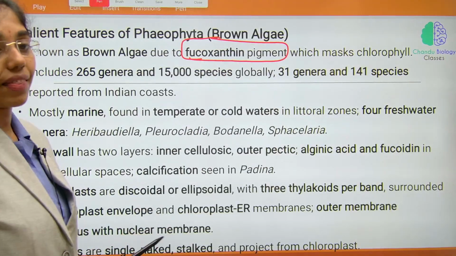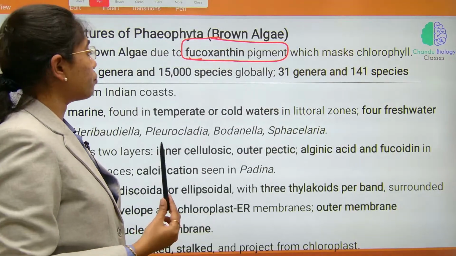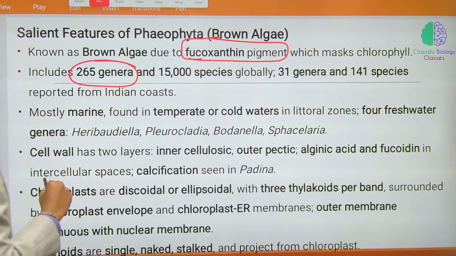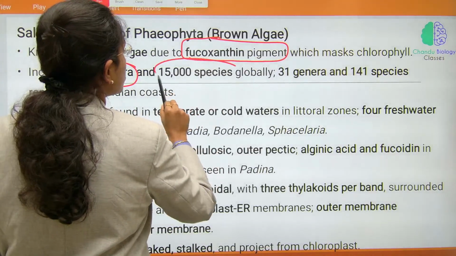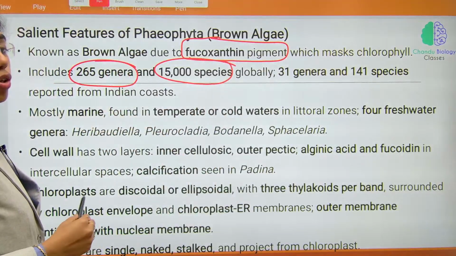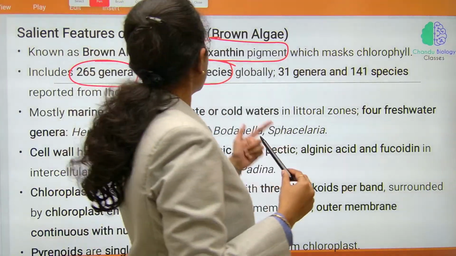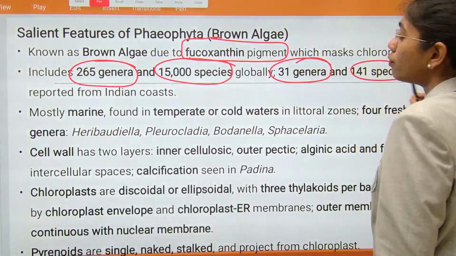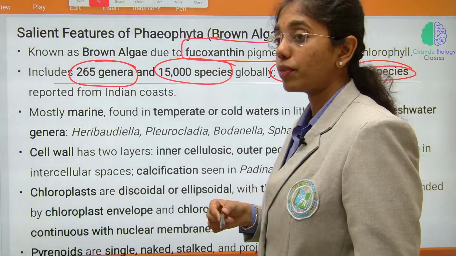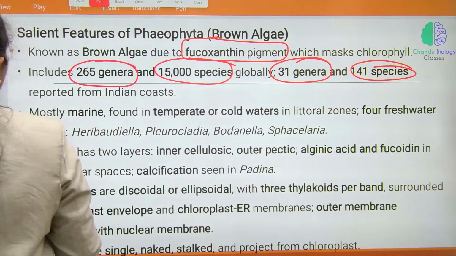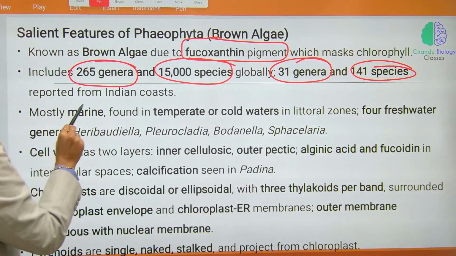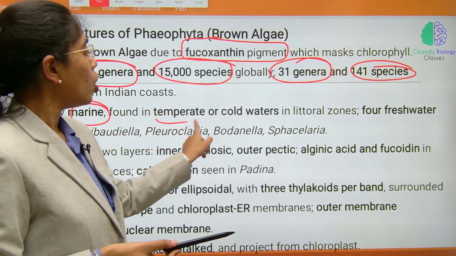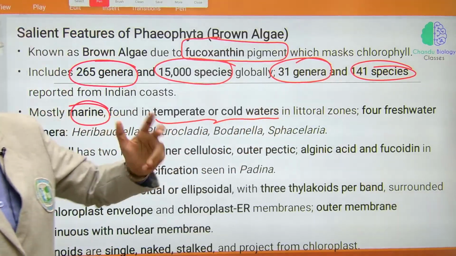There are about 2 genera and 15,000 species globally, with 31 genera and 141 species reported from the Indian coasts. Mostly the brown algae are marine. They are found in temperate and cold water regions in the lithosphere.